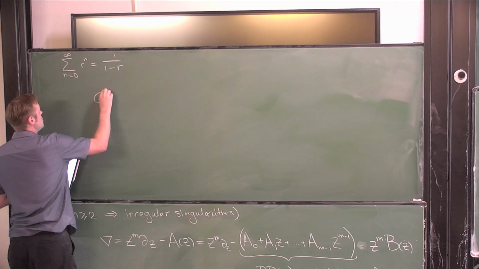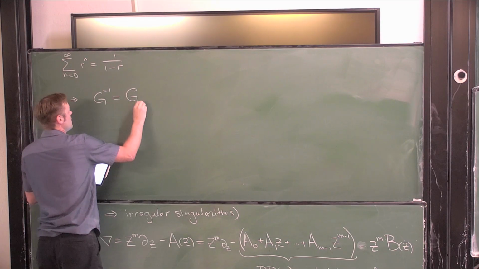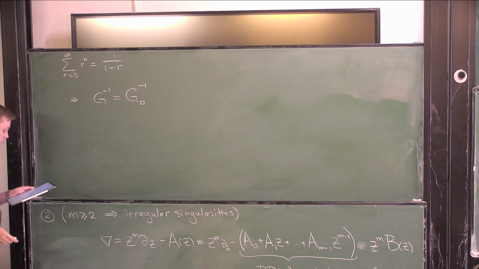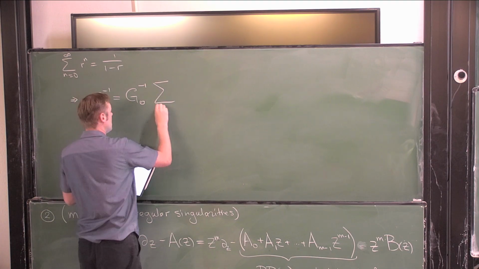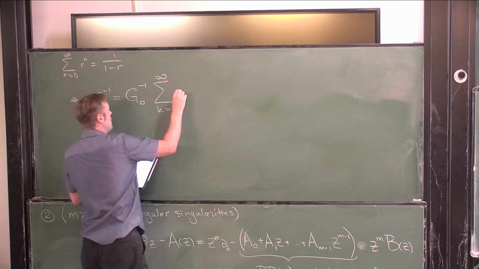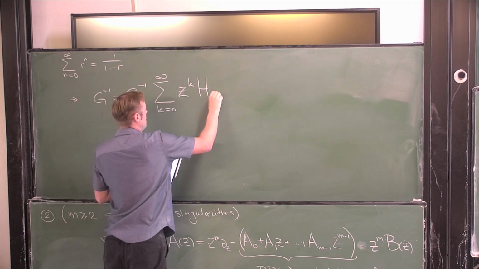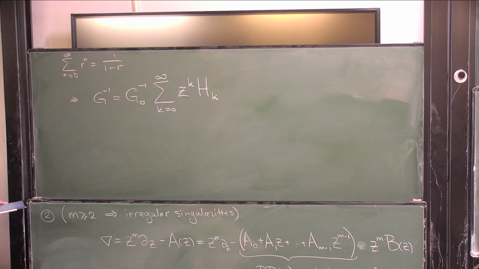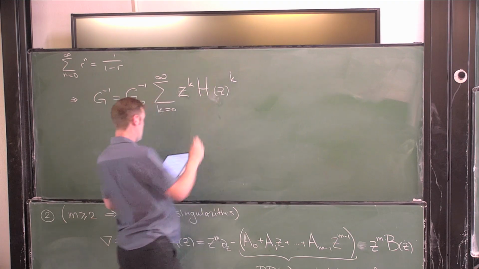That means G inverse is G0 inverse on the left, and now I'm using this formula, the sum over k of H of Z to the k.